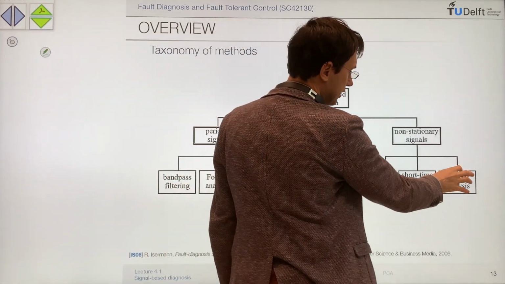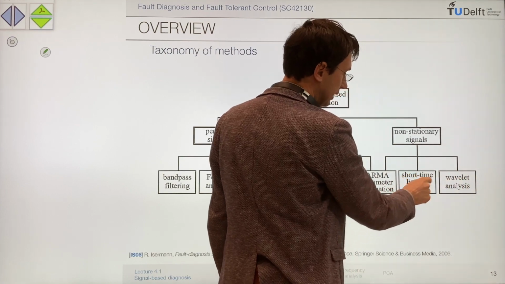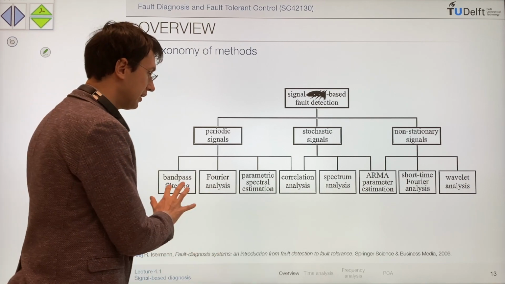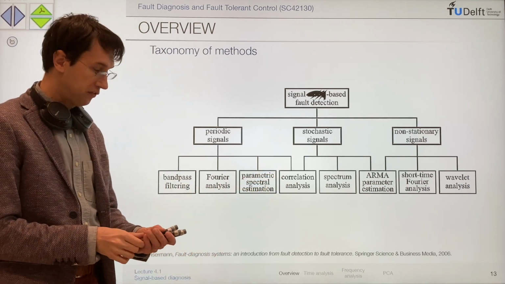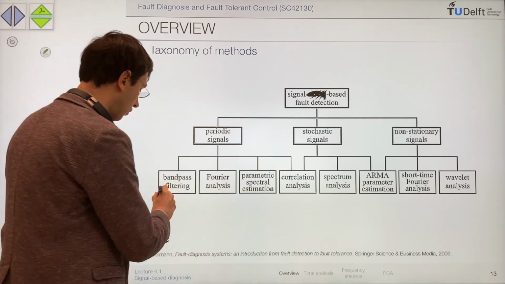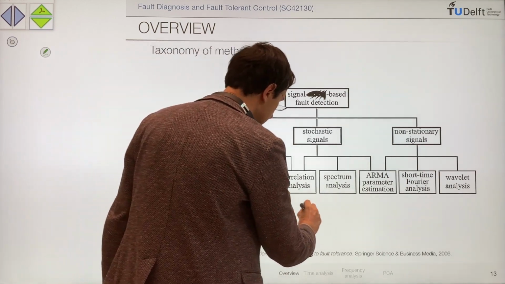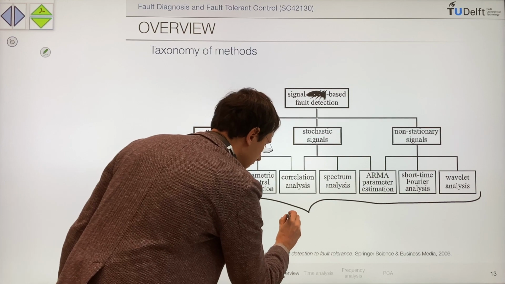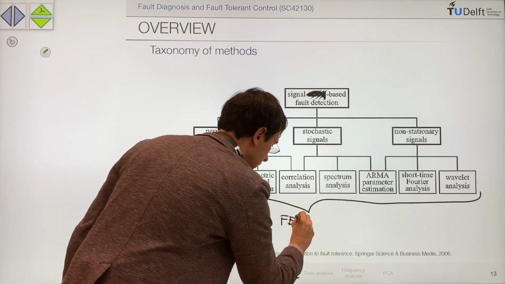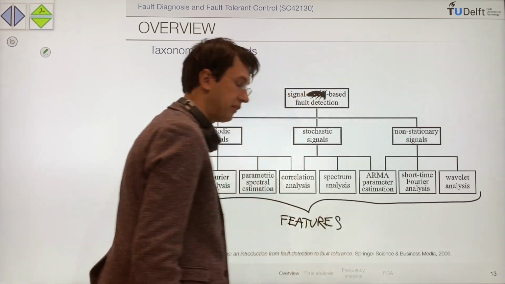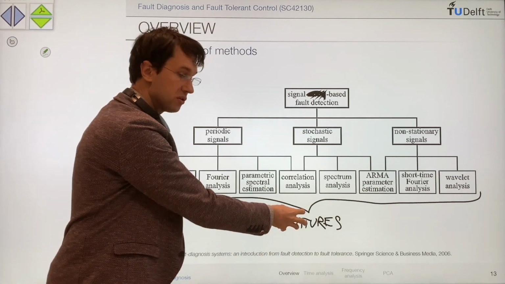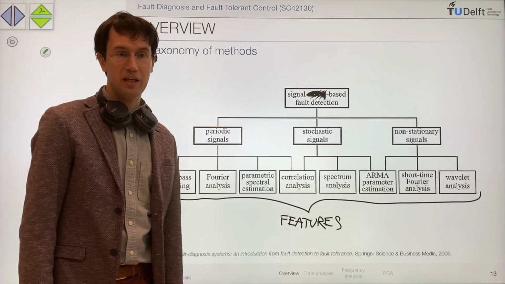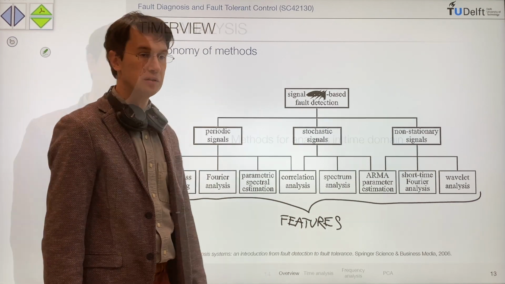And finally, an approach that is similar to the short time Fourier analysis is the wavelet analysis. But still, what they are doing is to compute features. So out of all these approaches, you have features. So you have yet to transform them into symptoms and then apply a symptom evaluation method.